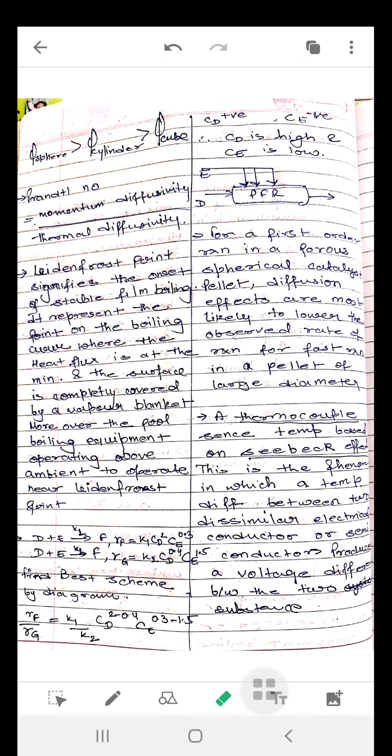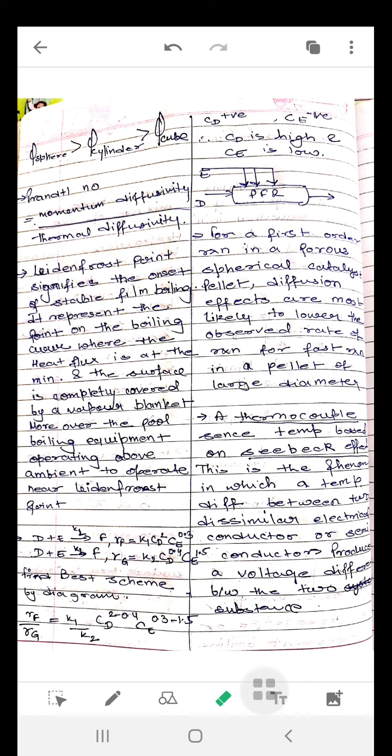Now the next one is from heat transfer, from the topic boiling: the Leidenfrost point. This question was also asked in the 2020 question paper, but in a different way. So what is the Leidenfrost point? It signifies the onset of stable film boiling.